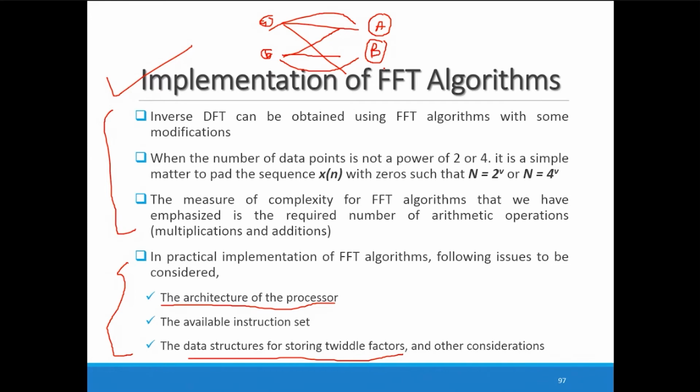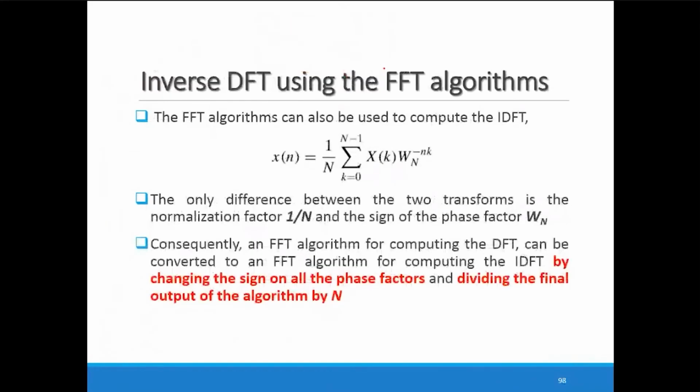Now we go for the inverse DFT using the FFT algorithm. I'm writing the equation of IDFT: small x of n is equal to 1 by N sigma k equals 0 to N minus 1 of X of k into omega N raised to minus nk.